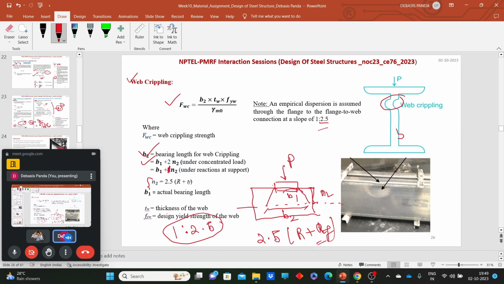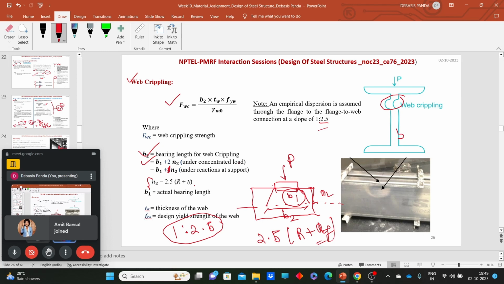First, the bearing length under a particular point of load application, and second, the value of n2 due to the 1:2.5 load dispersion mechanism. How can we calculate these two values?